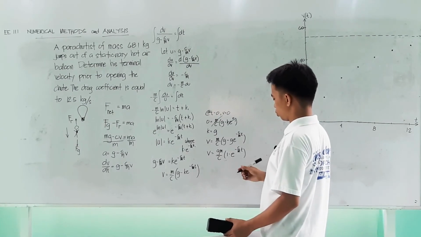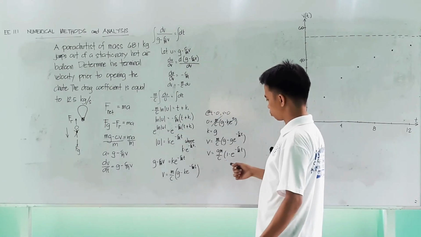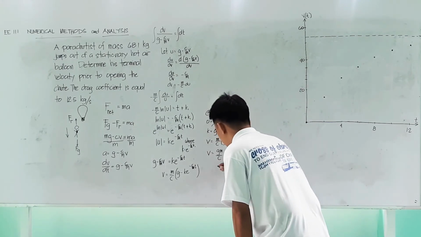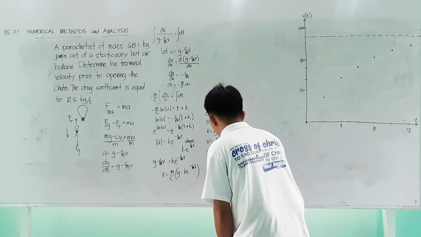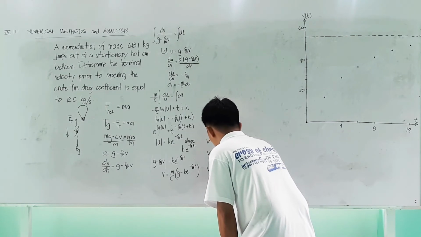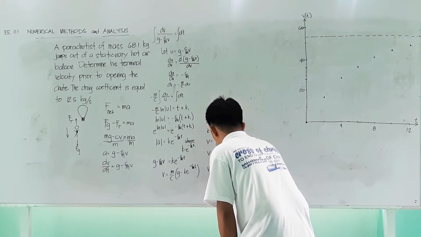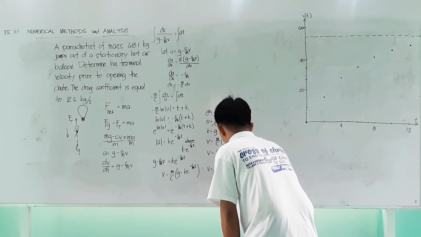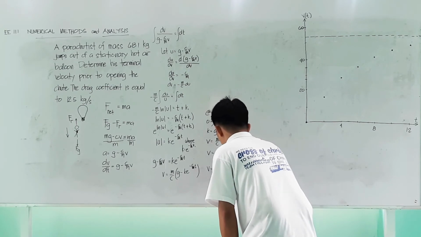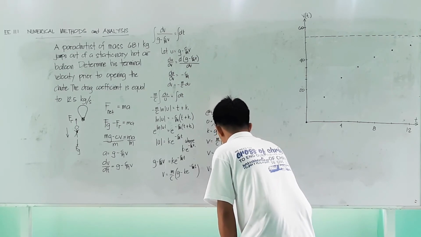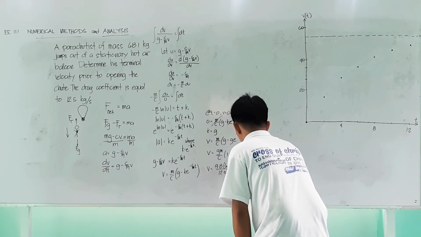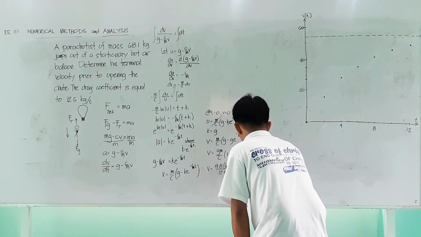So this will be now our expression for our velocity. Let's substitute the values. So we'll have mass of 68.1, 12.5, c.